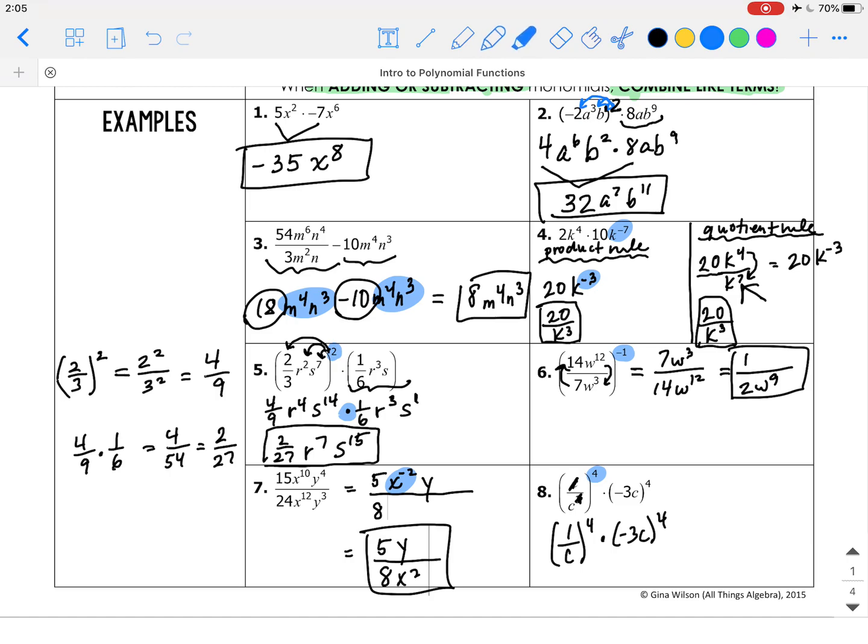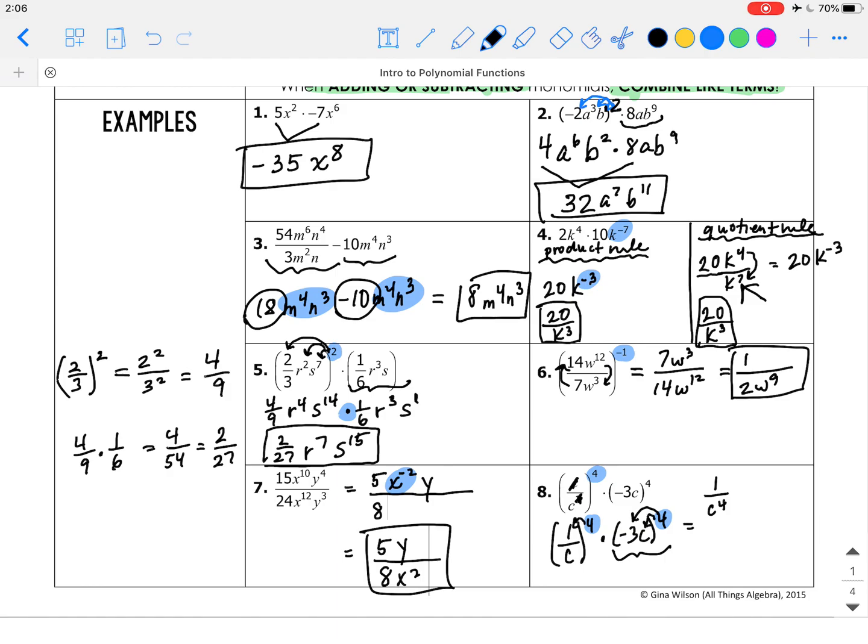Now we got to apply this exponent to the top and to the bottom, right? And now you'll see why I did that, because 1 to the 4th stays 1, right? And c to the 4th, we multiply, so that would be c to the 4th. And now we can take care of this part right here. So we have to distribute this exponent, right? So I'm going to apply it to the negative 3, and I'm going to apply it to c.